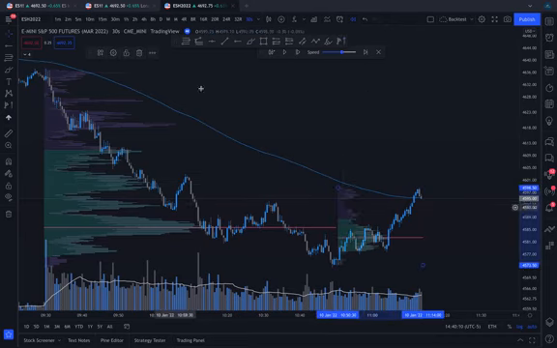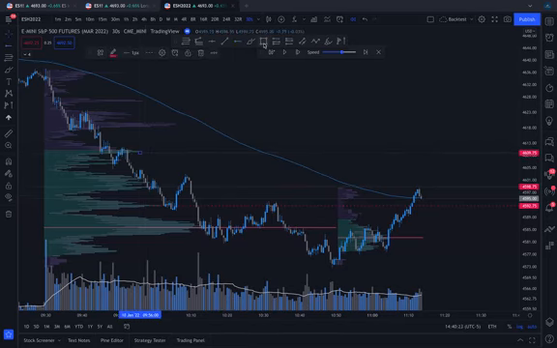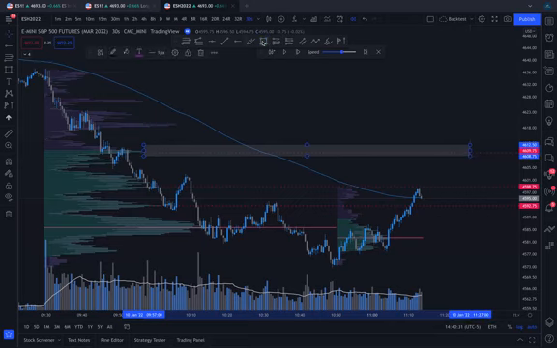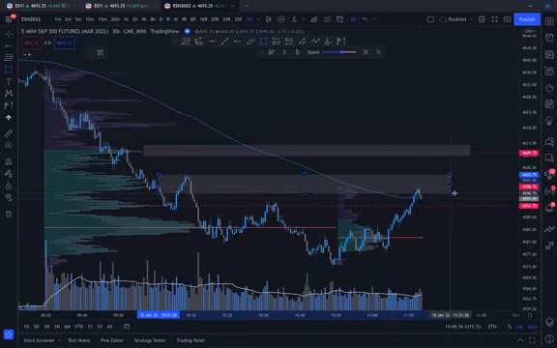So as you're coming up, you may want to be aware of those previous volume areas because those are going to act as resistance. And if you're long and you're approaching those, you might want to at least tighten up your stops a little bit. My computer's slowing down a little here. These are areas where we know we just want to sort of exercise a little caution, right?